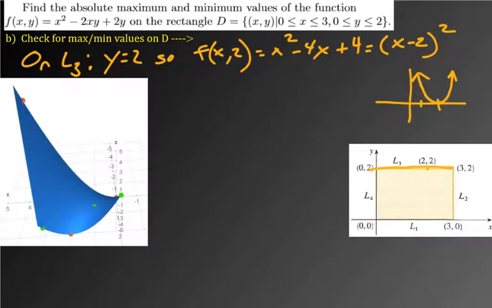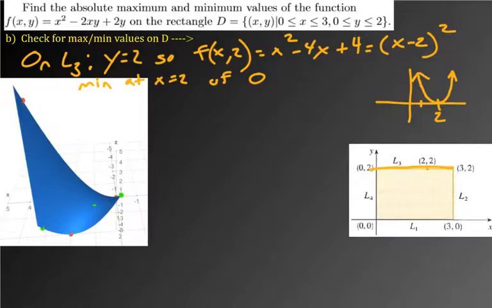And we are graphing between x equals 0 and x equals 3, right? And you can see, it has its minimum at 2, right? So let's put that down. So it has a min at x equals 2 of 0.